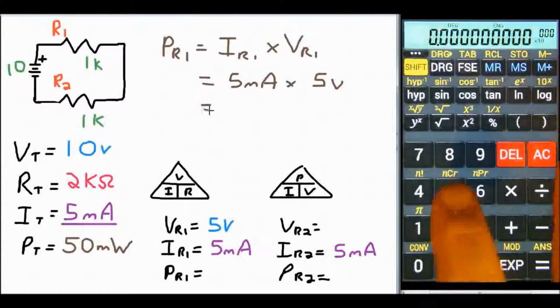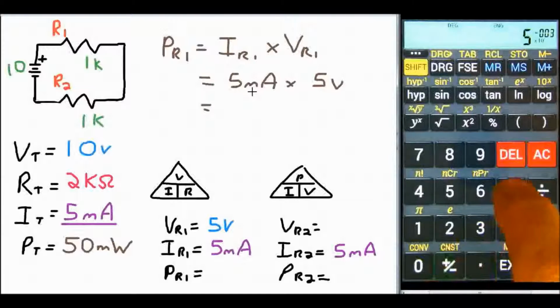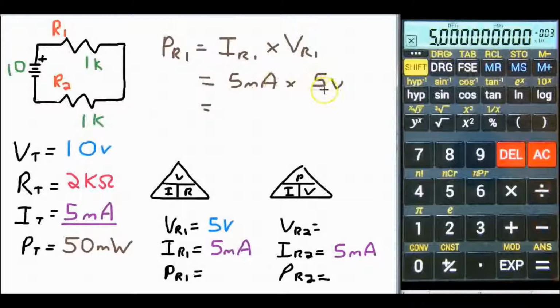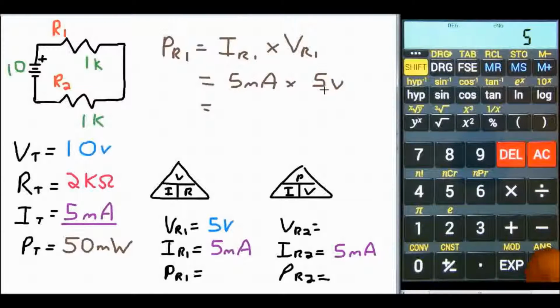So we have 5, and of course we have engineering notation, so that's exponent. It's milli, so it is -3 times 5 volts. 5 is by itself, so it's just times 5. And when I hit equals, we get 25.